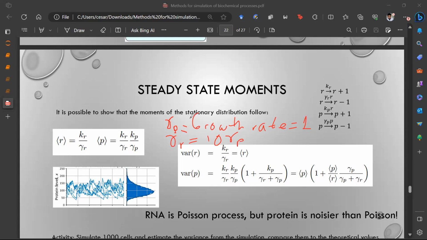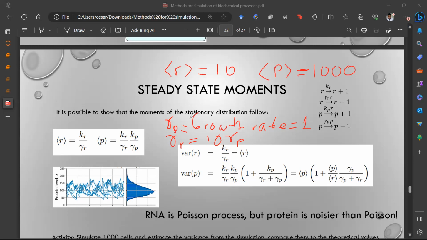And as I told you, the expected number of RNAs inside a cell is 10, or even less or even more, but not much more. The particular number is around 10. And for proteins, this number can be around thousands.